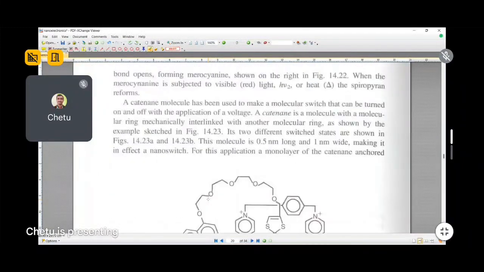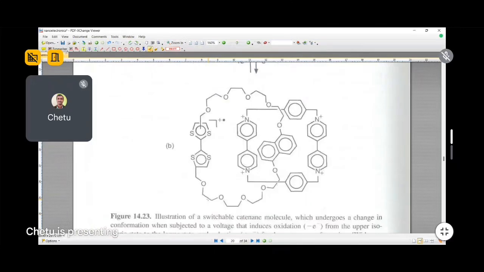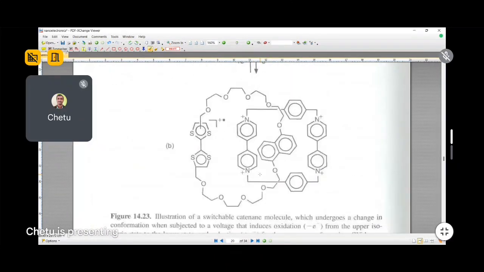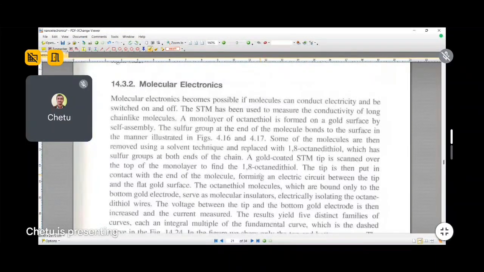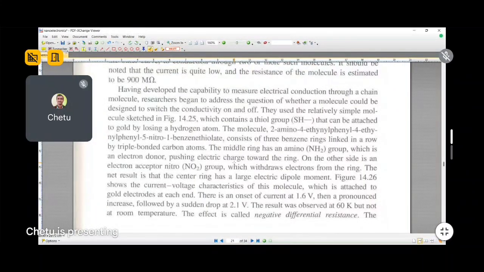So there are some examples given here which are similar. Some of them are conducting in one state, some of them are not conducting in one state. Molecular electronics is the field where the molecule shows conduction of electrons, and this was studied using STM, where the tip of the STM is coated with gold, and this gold provides very good interaction with the molecule.